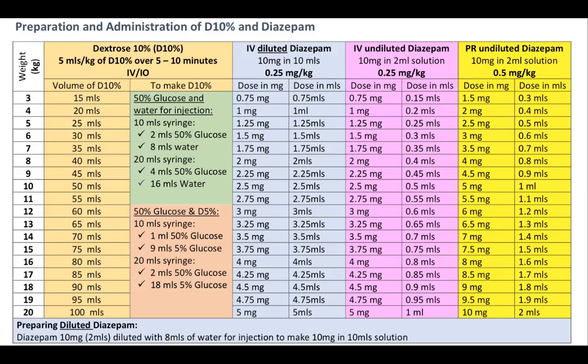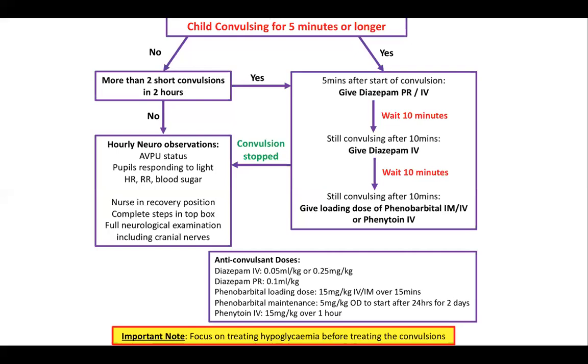And you can also see the dosage of rectal diazepam is 10 milligram in 2 mils of solution with the dose of 0.5 milligram per kilogram. And remember, for rectal diazepam you can also use 0.1 mil per kilogram.